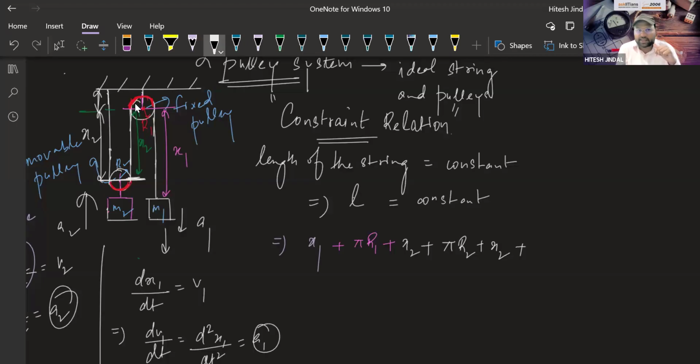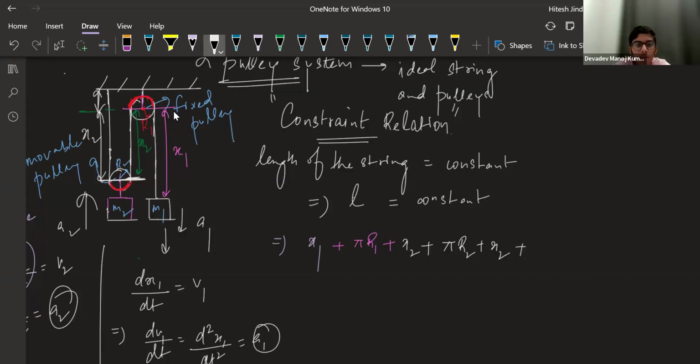If this pulley strikes it, then the string will become loose. If this pulley surpasses this pulley, or comes to this position, that would be the final.